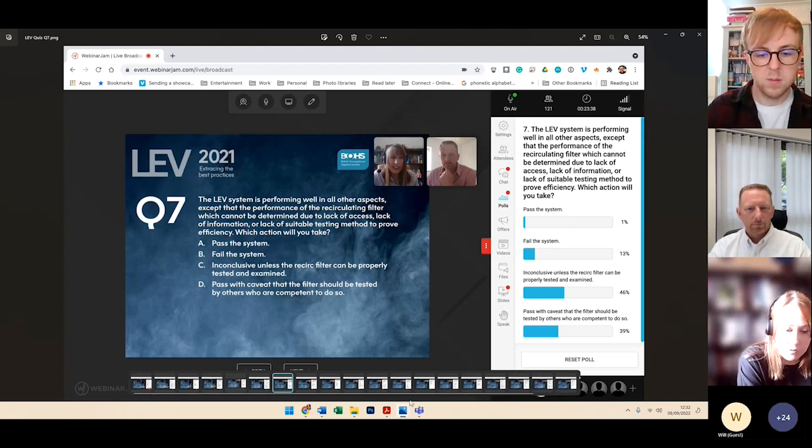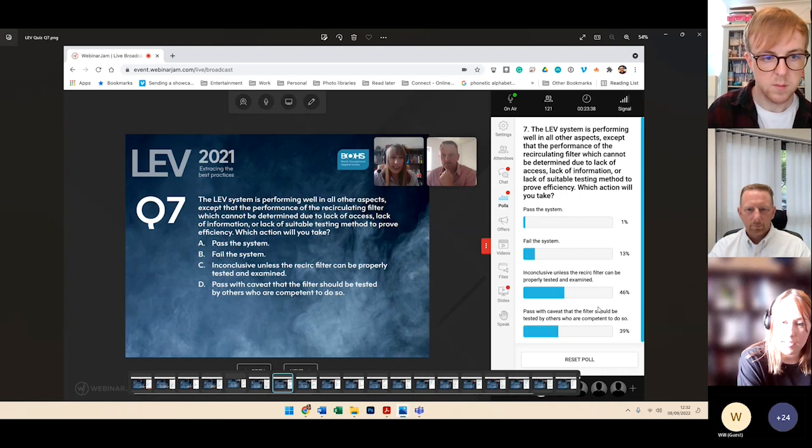I'm just going to show you a few examples. This one, for example, was about a recirculating filter. You can't access the filter to determine how effectively it's performing. There isn't any information. Lack of suitable testing method to prove efficiency. What action are you going to take? We said pass, fail, inconclusive, pass with caveat.